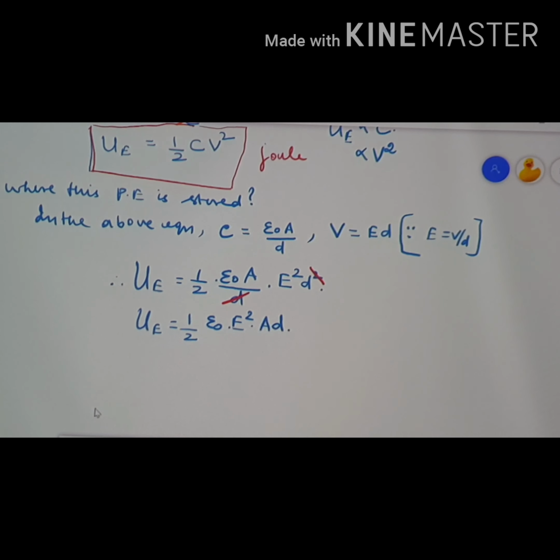From this it is very clear that the electrical energy is stored in the electrical field existing between the two plates. From this itself, we can say the electrical energy is stored in between the plates where the electrical field is available. Or we can simplify this.